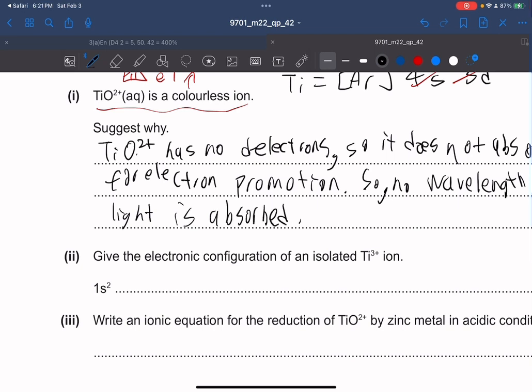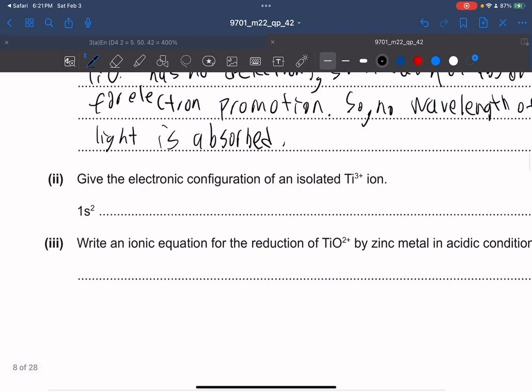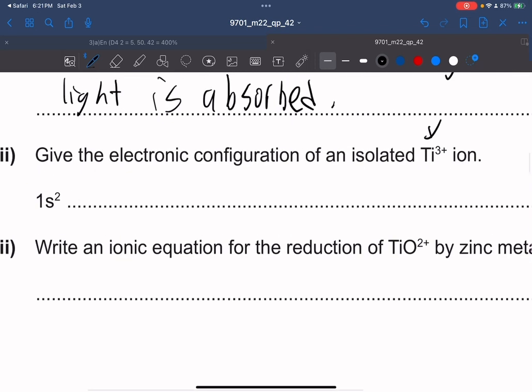Okay. Next question. Give the electronic configuration of an isolated Ti3 plus ion. I would usually write down the normal electron configuration first. Again, always refer to the periodic table when you're doing this. 2s2, 2p6, 3s2, 3p6, 4s2, and 3d2.